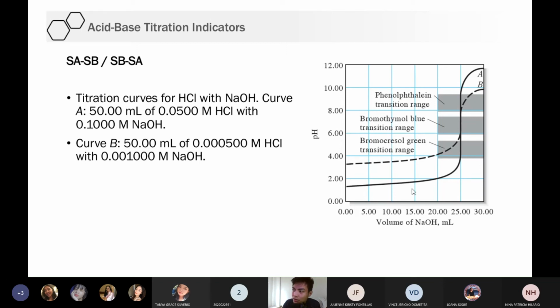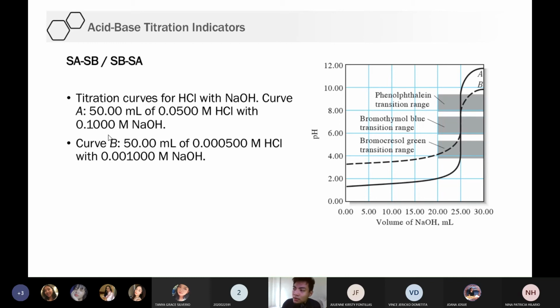Because ang ating inflection point for the SASB titration is super haba. Madami siyang masasakop na color change. But again, the common one is the phenolphthalein. However, that is true when the concentration of your acid is high. So when we say high, mga 0.05 and higher.